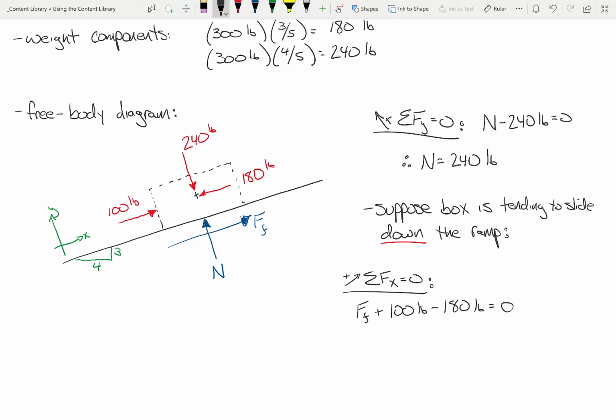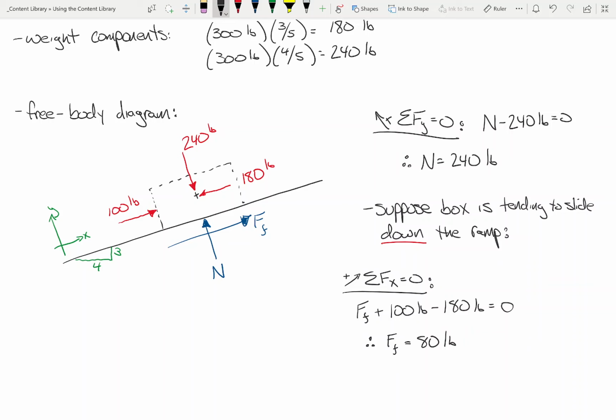Because the friction's going up, the 100 pounds is going up the ramp, and the 180 pounds is going down the ramp. Okay? Does that make sense? Okay, so therefore, F sub F has got to equal 80 pounds. Okay, with me so far?